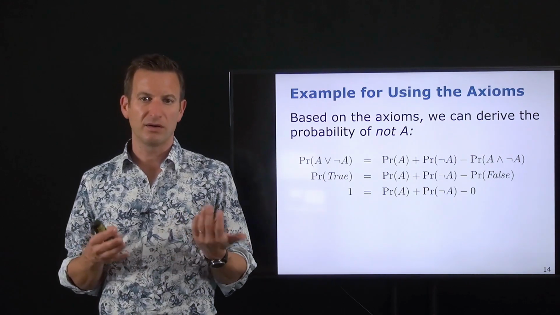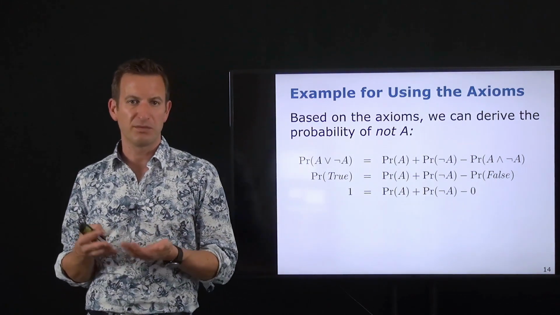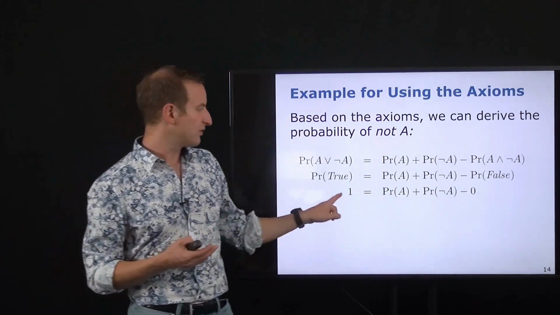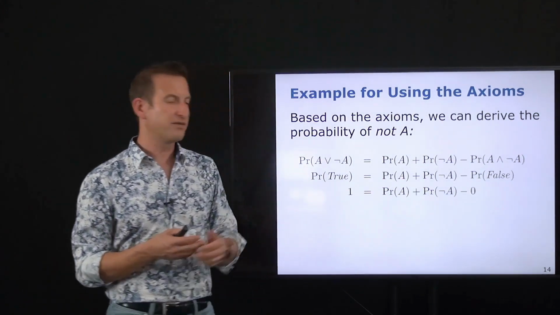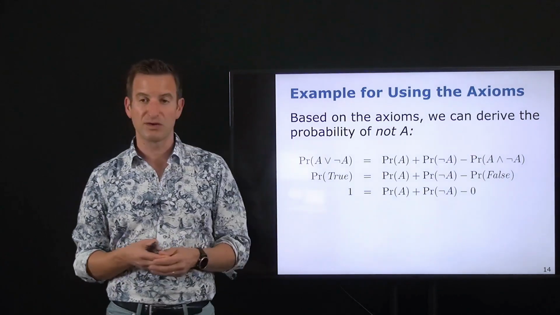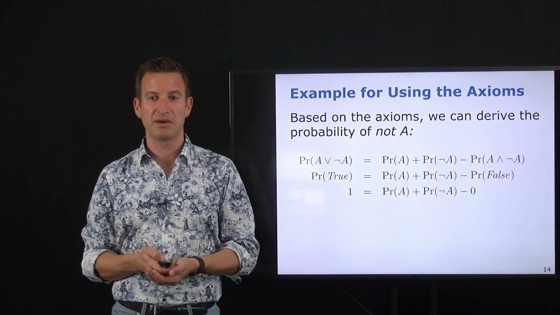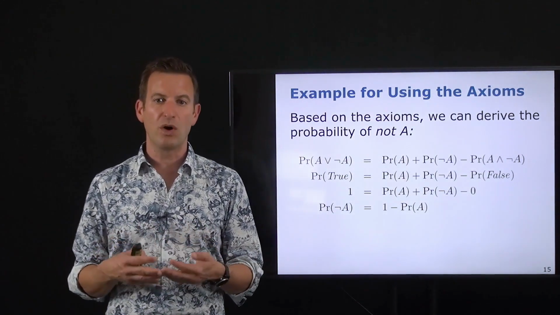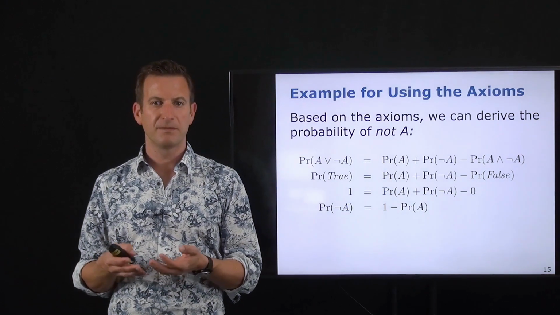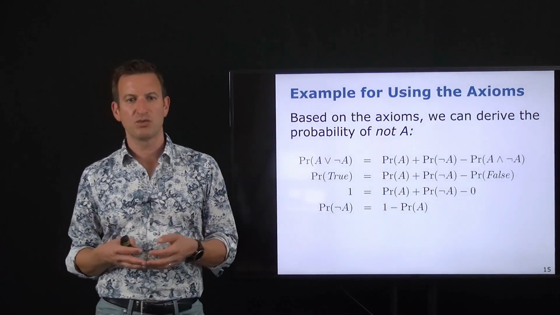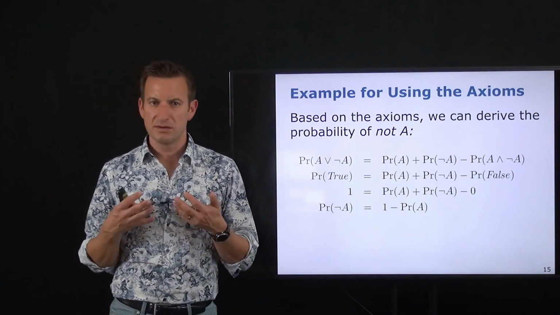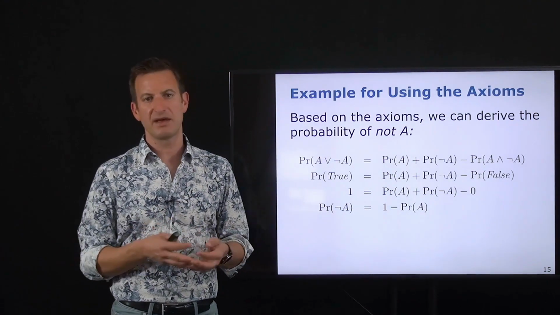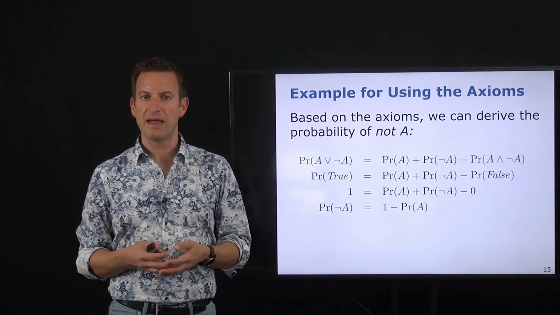And then our equation says 1 equals probability of A plus probability of not A. So what we can do is we can just move this 1 over here and move the P of not A to the other side, multiply the equations by -1, and then we get our final equation that the probability of not A is 1 minus the probability of A. Okay? So based on those axioms, we have derived here what the negation of a probability looks like. So what not A looks like, given that we know what P of A is.